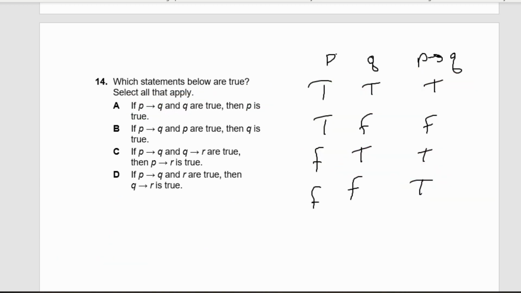All right, for B, it says P implies Q and P are true. So let's highlight that. So P implies Q is true. And P itself is true.